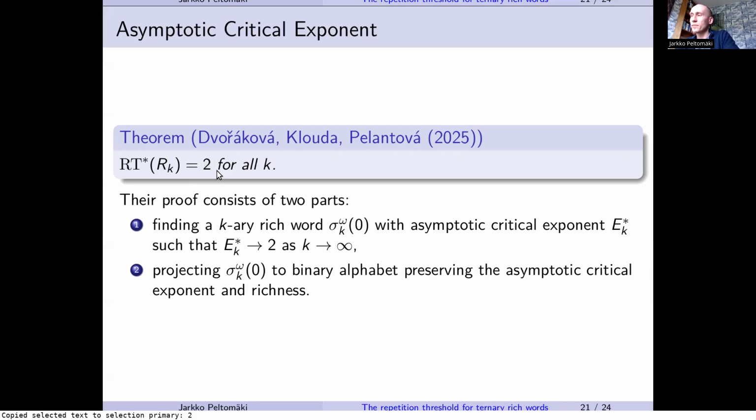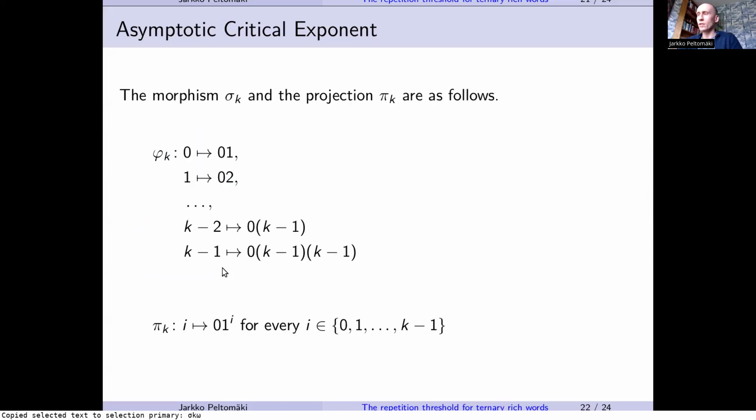That's what they in fact proved, yes. So that's the rough idea of what's going on. And on the next slide, I will actually give explicitly what this morphism sigma k and this projection are. So this is what they look like.